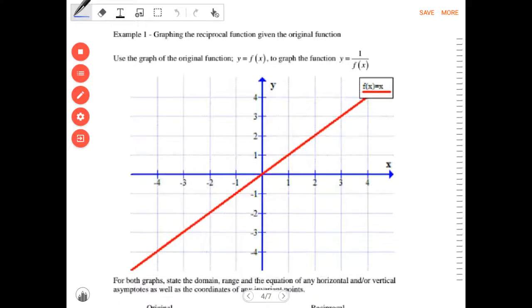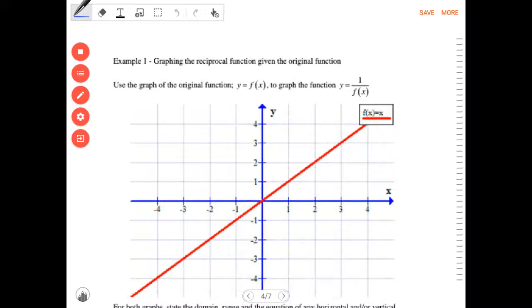Now I get to start explaining a little bit. If you remember, I told you earlier that y and f of x are interchangeable. So this just means y equals y, which is kind of a weird thing. Well, on this one, y equals 1 over f of x, and we said f of x was y.